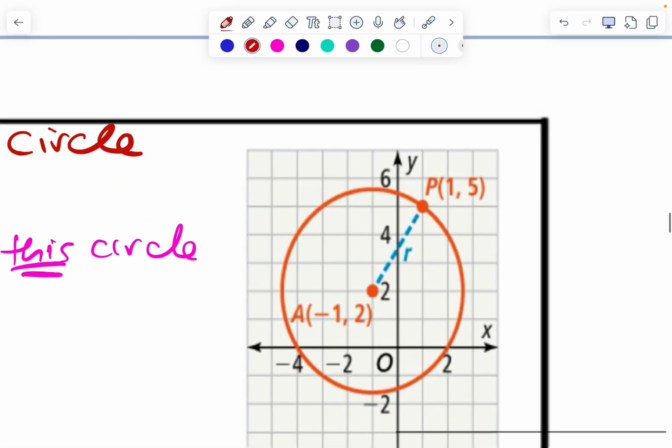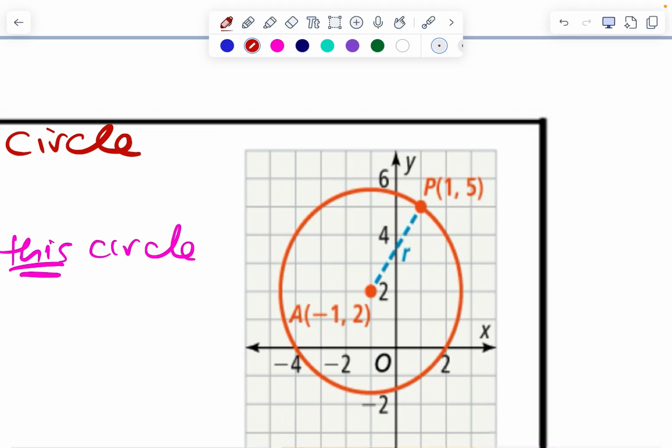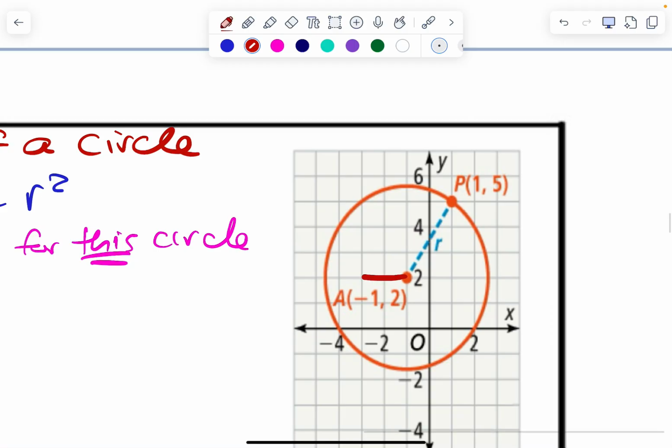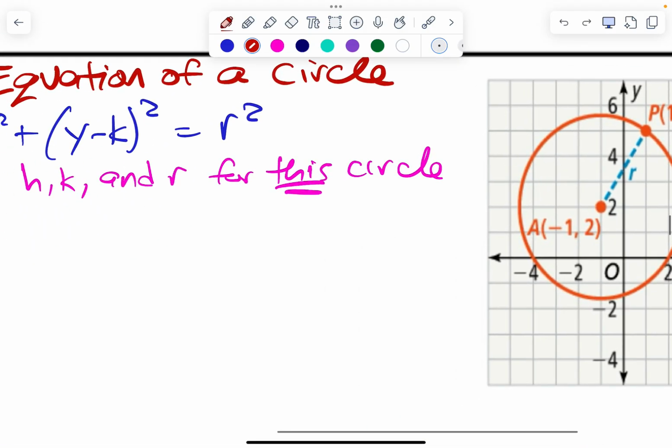If it had given us maybe a circle that hits right on like that, and we could just count 1, 2, 3, then fine. Save yourself some work. Okay, that's not always going to be the case, though.